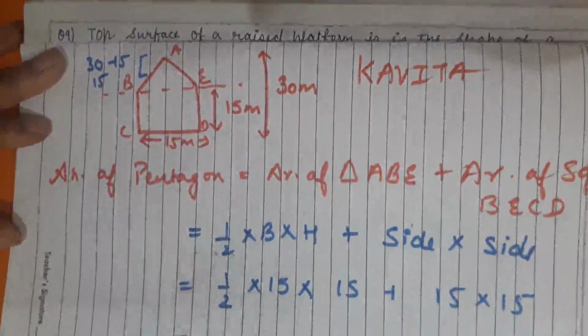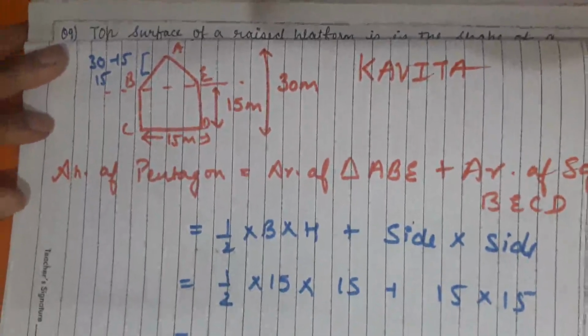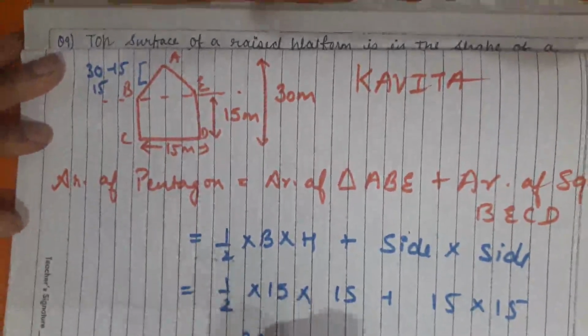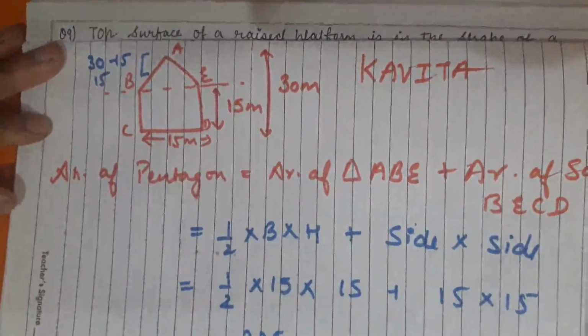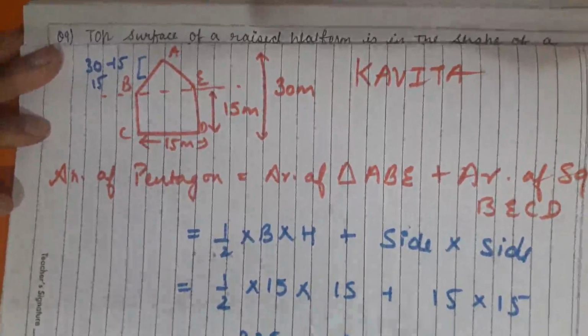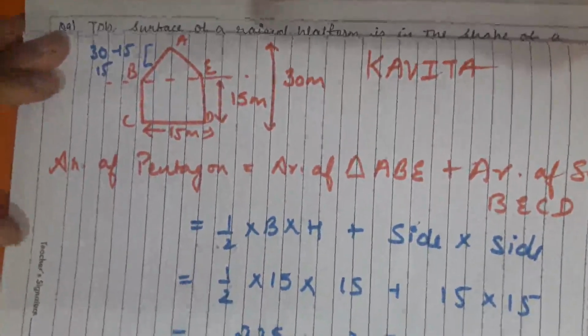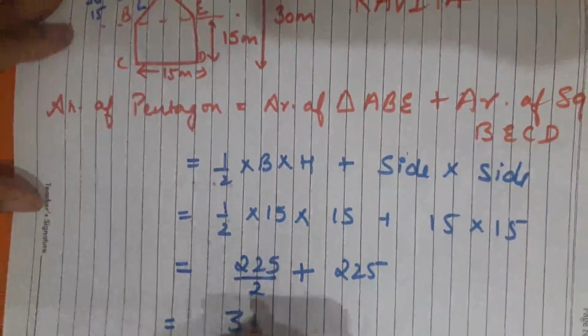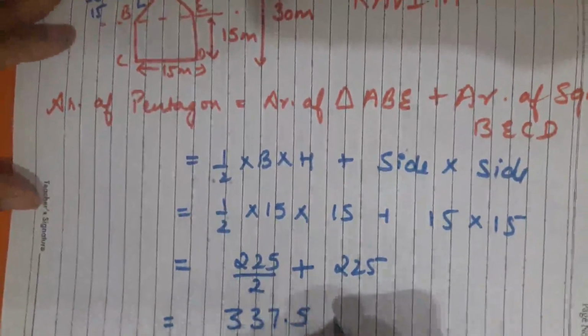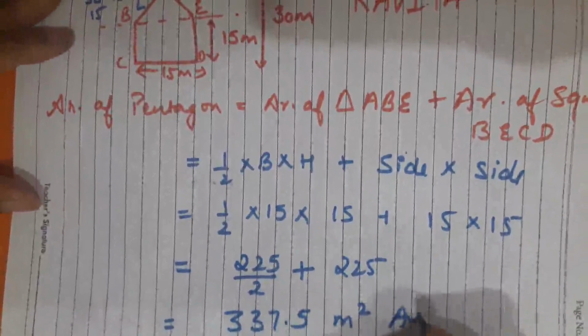Now solve this equation. After solving, you will have 225 upon 2 plus 225. After solving this, you are going to have 337.5 meter square. This will be your answer.